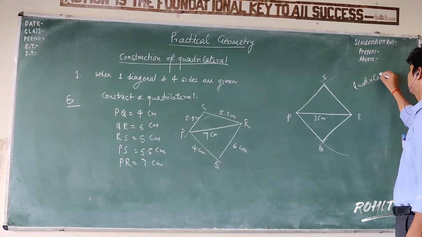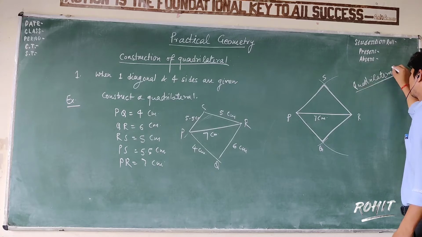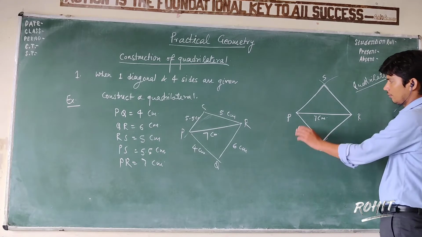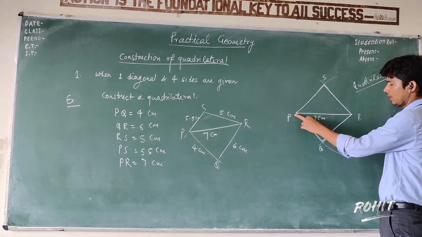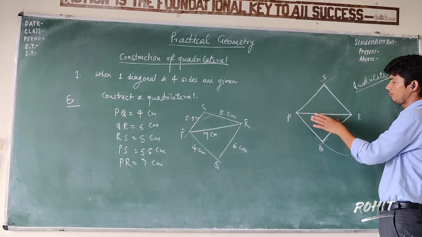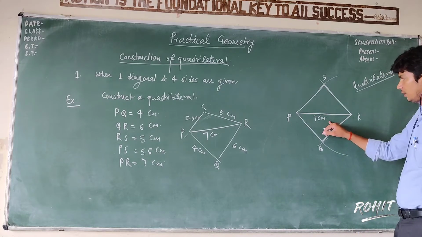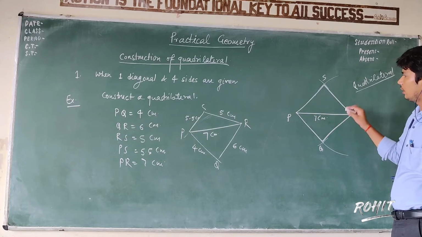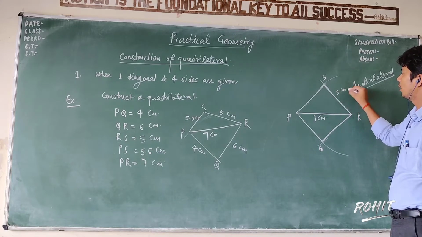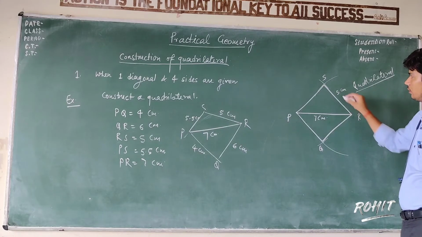कंस्ट्रक्शन कैसे लिखेंगे, फर्स्ट ड्रा लाइन PR, लाइन PR मींस डायगोनल, फर्स्ट ड्रा डायगोनल PR ऑफ लेंथ 7 centimeter, then take 5 centimeter length and taking R as center draw an arc.